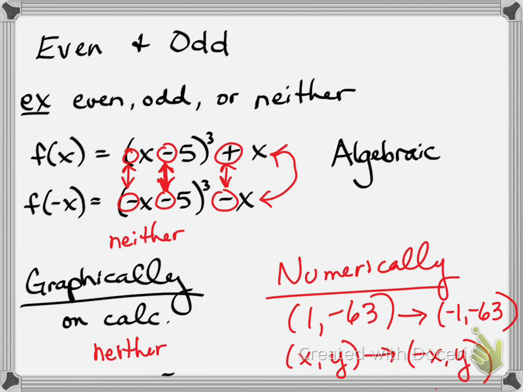And when I check out what negative 1's value is, it is not negative 63. So that means it's neither. So that means it's not even. And since it was so far off, it was negative 217. So it's not odd either.